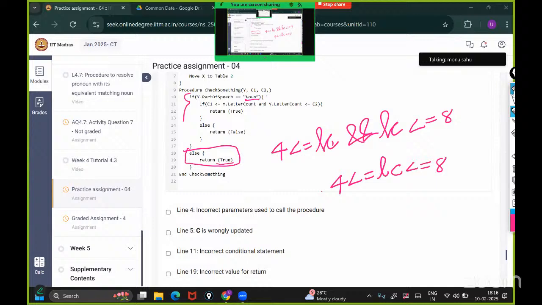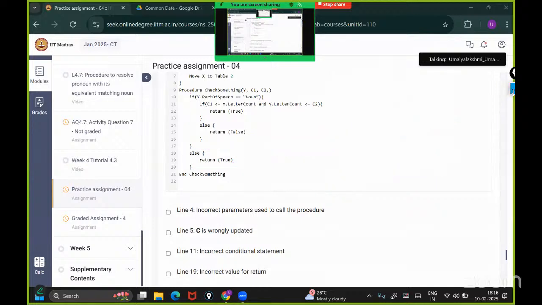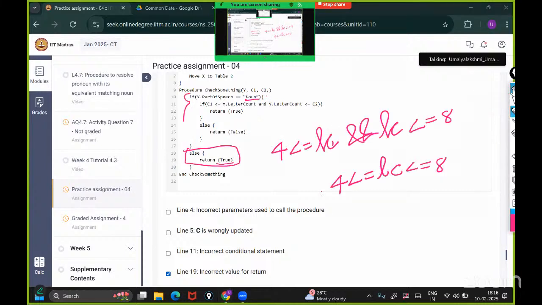Yes, ma'am. So the error can be in this one. Line number 19, incorrect value for return statement. Because it has to satisfy two conditions: the part of speech has to be a noun, as well as the letter count should be in the range of 4 to 8. If the part of speech is not a noun, it should return false, but here it is mentioned as true. So this is an error.